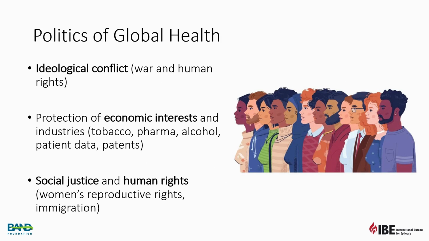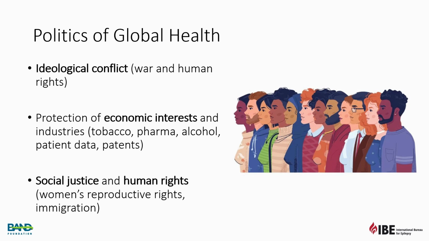On paper, health should not be political, because people in every country, in every part of the world, deserve good health. But politics does get in the way. And there are multiple reasons that range from ideological to economic to cultural. So ideological reasons include conflict, war, and human rights, and this is inseparable from the negotiations conducted at the UN and WHO.